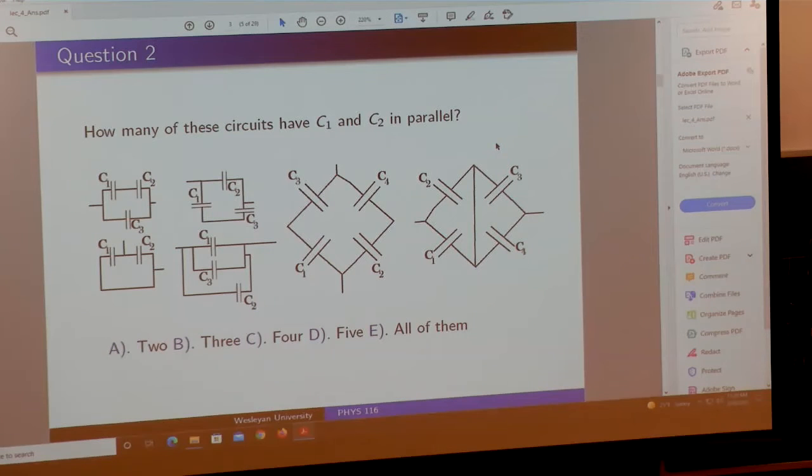Each circuit has a C1 and C2, right? So for each circuit, judge, are they in parallel or not in parallel? And then count how many satisfy that criteria. All right, go ahead and discuss.